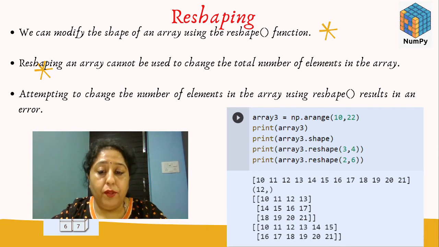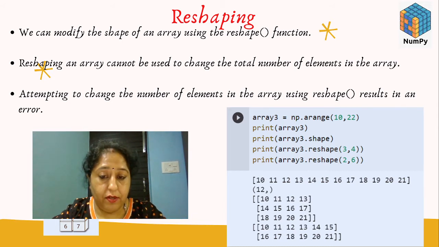Now you see the shape of this array, array3.shape. It will come out to be 12. Now, if you reshape it to 3, 4, then it will have 3 rows and each row will have 4 elements.